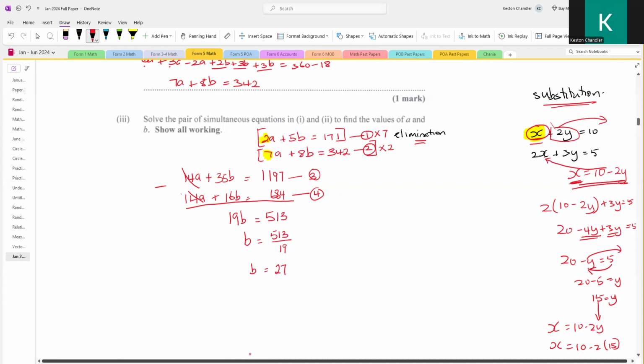This is just B. So we have to find A now. So I'm going to use 2A, substitute B to be 27 in 2A plus 5B is equal to 171. So I get 2A plus 5 by 27 is equal to 171. Right? 5 by 27 is 135.